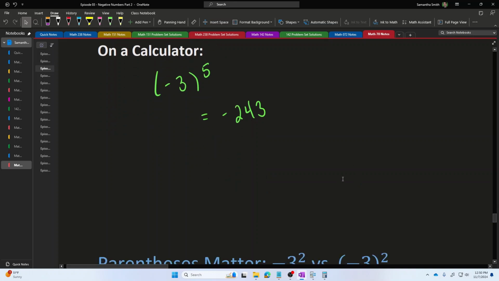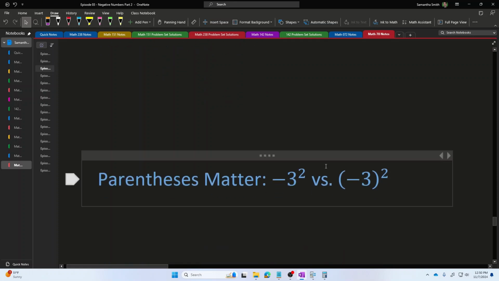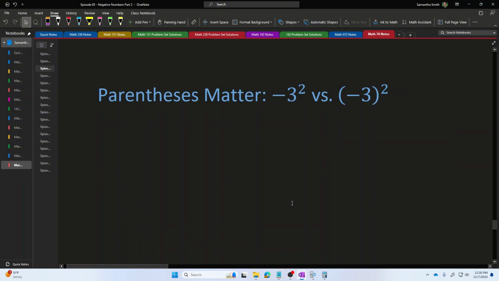Now, when you're dealing with exponents and negative numbers, there's only one issue that I think you really have to be careful with. And that has to do with how parentheses are used to help us read expressions that have both negative numbers and exponents in the works.